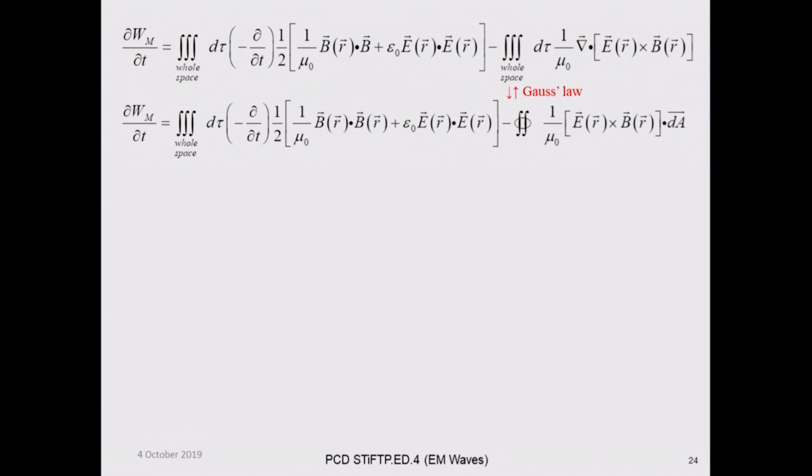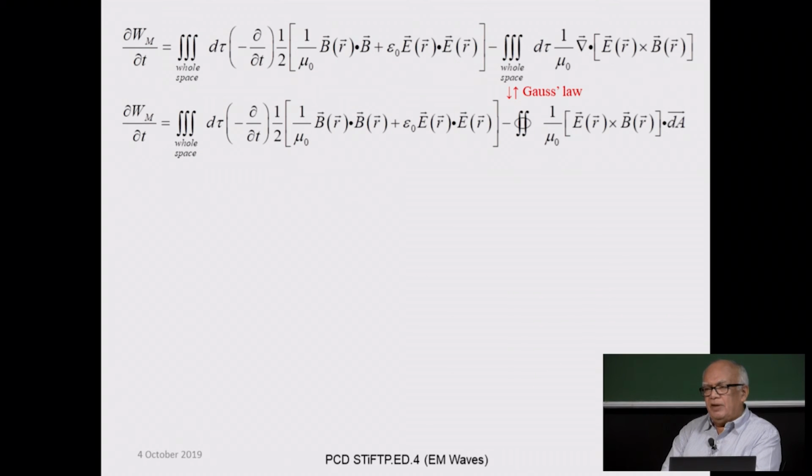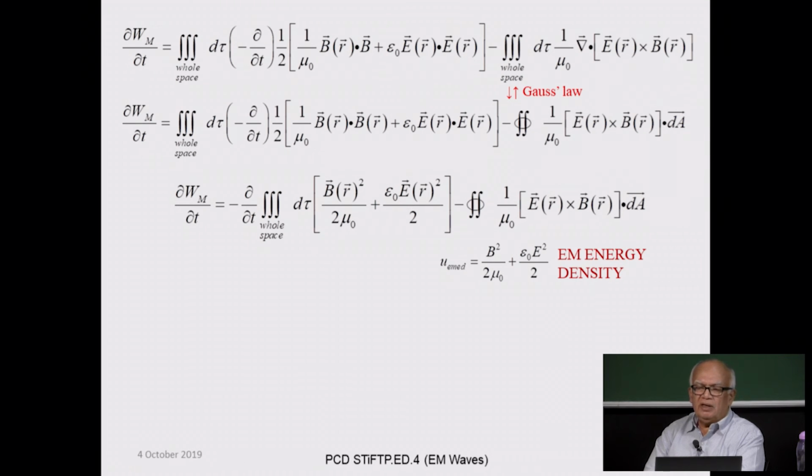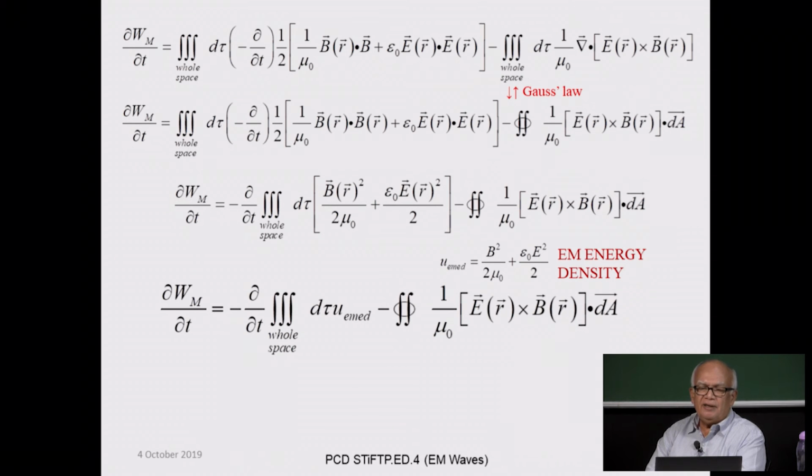So, having done that, we now recognize that we are understanding how energy is propagated, because this is the rate at which work is being done. Okay? So, let us rewrite this expression in terms of the electromagnetic energy density.